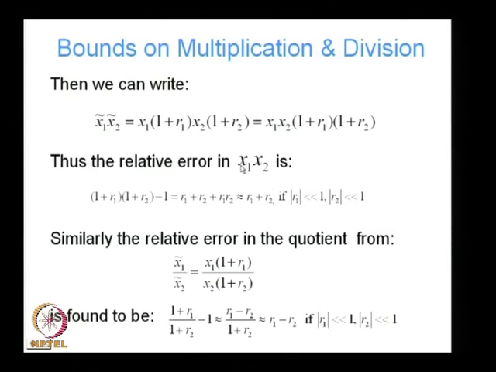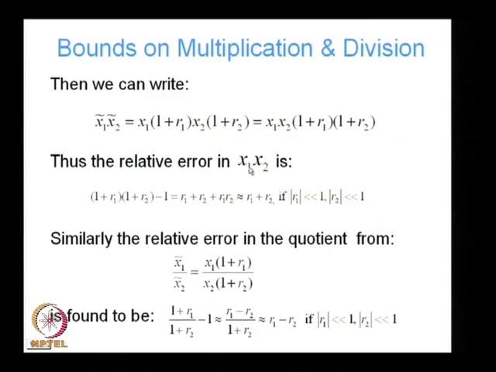Thus, the relative error in x1 x2 is given by, again from our definition, x1 tilde times x2 tilde minus x1 x2, divided by x1 x2. So if we take x1 tilde x2 tilde and subtract x1 x2 from it, we get x1 x2 times 1 plus R1 times 1 plus R2 minus x1 x2.